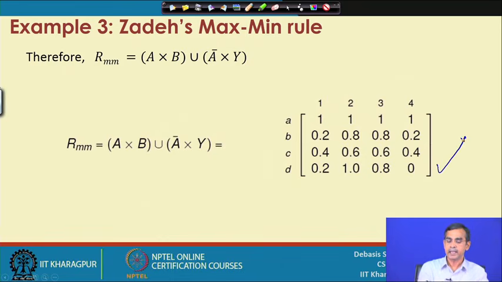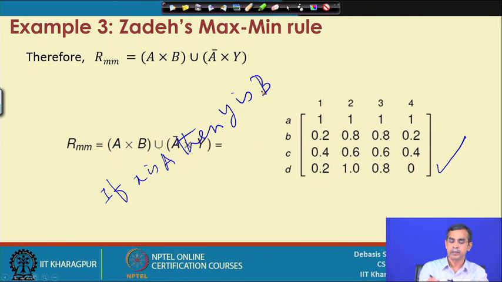So, this is a relation matrix, which represents a rule. That rule, as I told you, is: if x is A, then y is B. This can be represented in the form of a relation matrix.